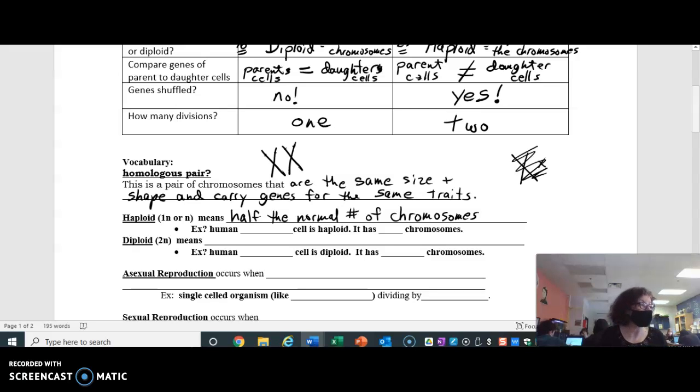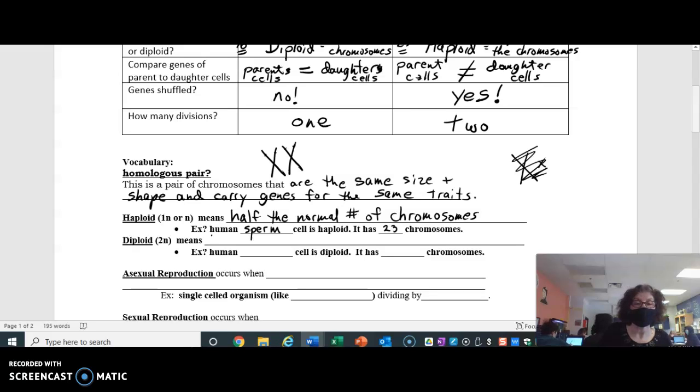A sperm or an egg cell? Right, so I'll write a sperm cell here. An egg cell would also be correct. So if your skin has 46 chromosomes, how many chromosomes would your sperm have? 23. That's it. That's the haploid number of a human sperm or egg cell. Very good.